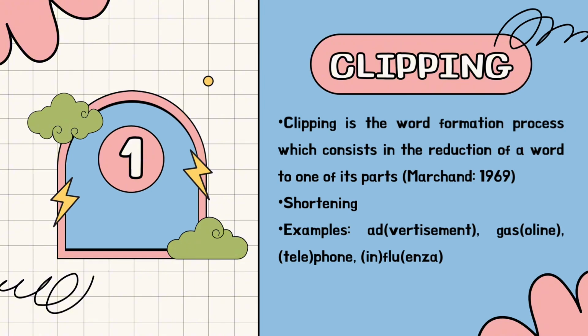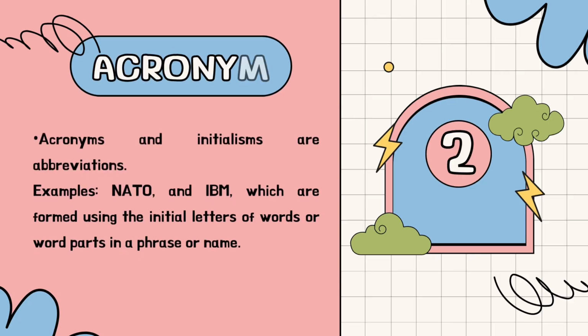Next, let's move to the acronym. Yes, acronym and initialism are abbreviation. For example, NATO for no action, talk only. IBM.